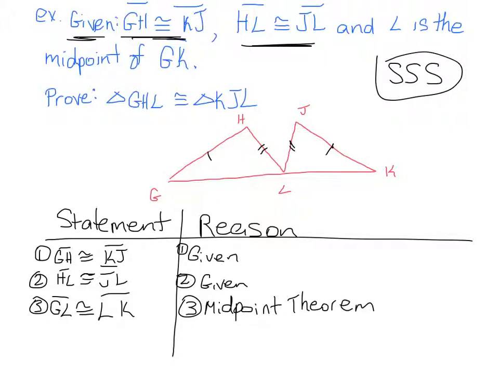So finally, since we now have 3 sides that are congruent to each other, we can now boldly state, according to our side theorem, that triangle GHL is congruent to triangle KJL. And that's because we have 3 sides that are congruent to each other, and that is sufficient to prove congruence in triangles.